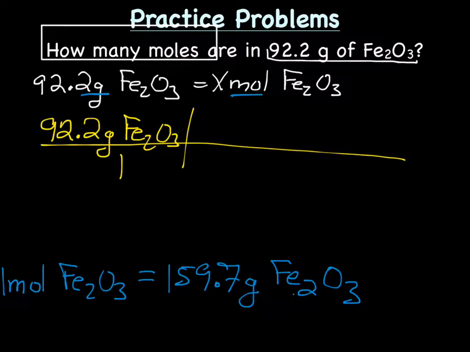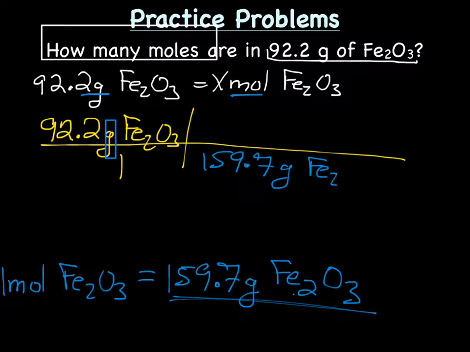Now we need to put our equality in the grid, setting it up so our units cancel out. So let's look at our given. We were given grams at the top, which means we need to have grams at the bottom. So we will be writing this one at the bottom, 159.7 grams of Fe2O3, which means that one's gone.